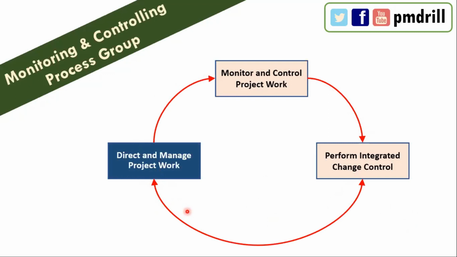Execution and monitoring and controlling processes are interlinked, and there will be a lot of work that happens across them. It goes from execution to monitoring and controlling, and back from monitoring and controlling to execution.